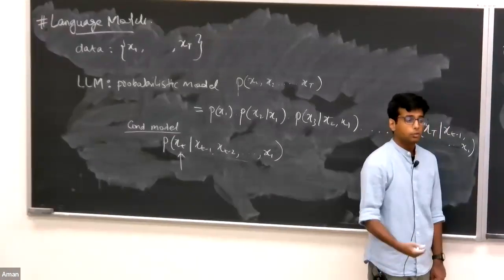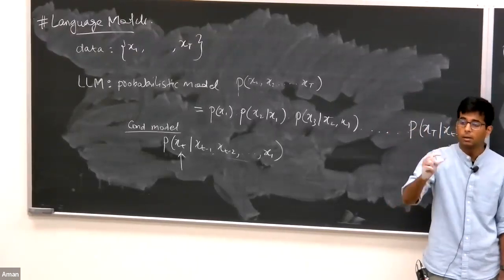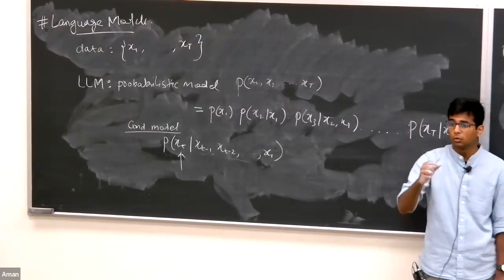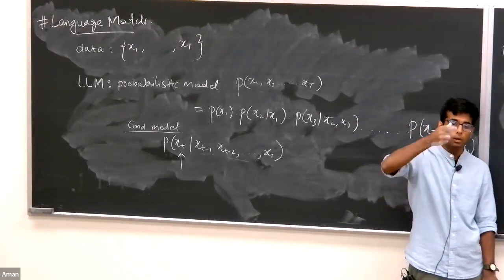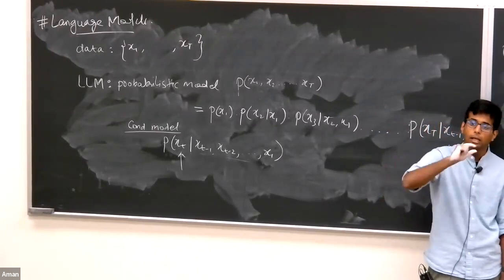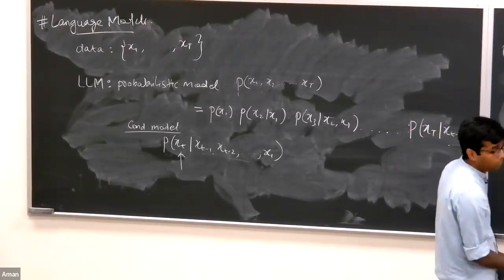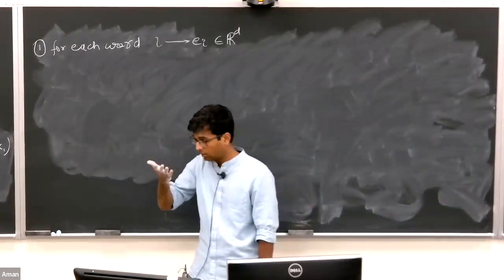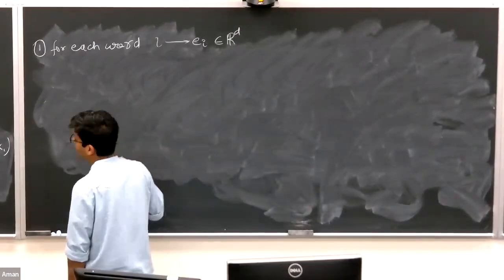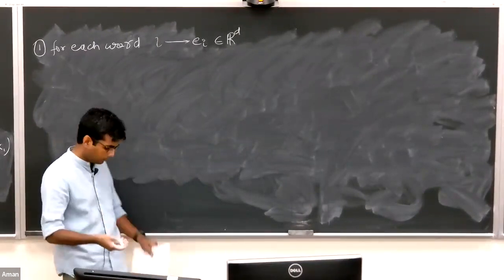This just means that every word should be represented as an embedding, so you should be able to convert that word into a d-dimensional representation. Just being able to do that is what we want as the first step: for each word in the vocabulary, you should be able to convert that word into a representation.